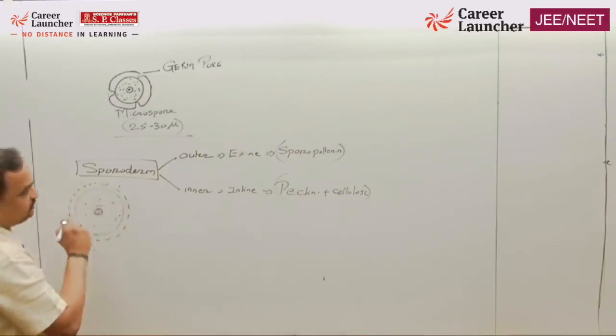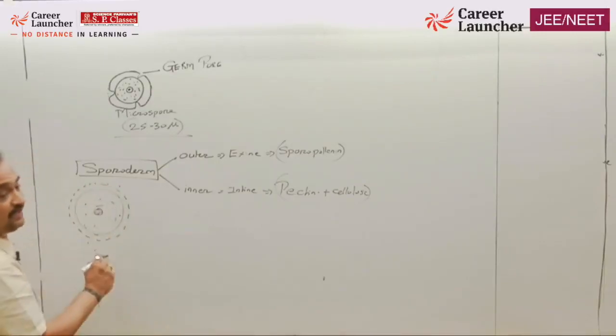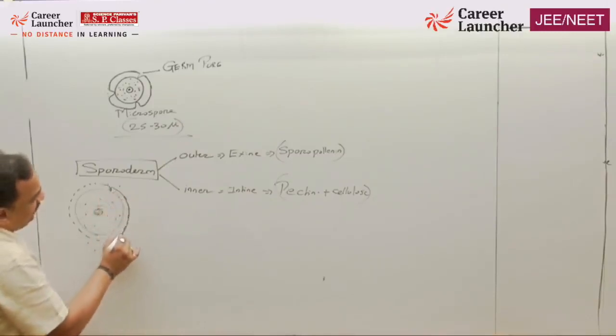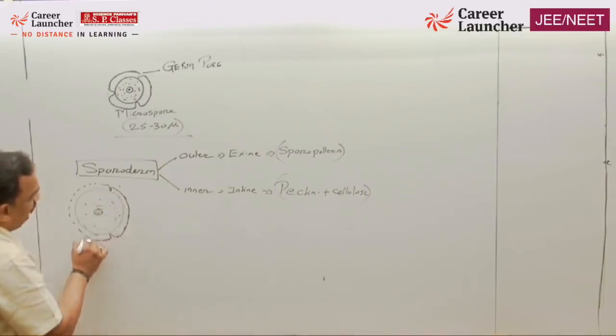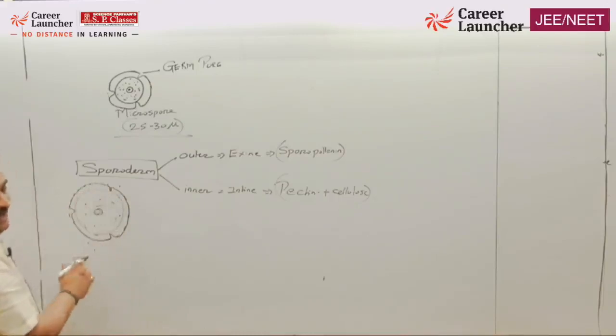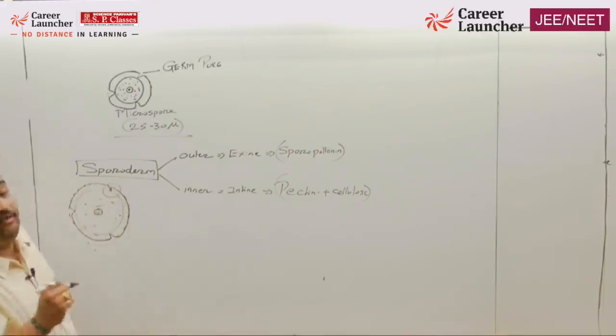The outer layer is called exine, while the inner layer is called intine. The exine is made up of sporopollenin, while the intine is made up of cellulose and pectin. Right? The exine at multiple areas is unthickened, and these unthickened areas are called germ pores.